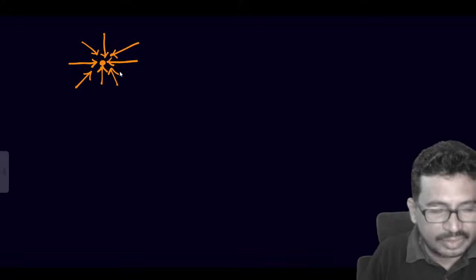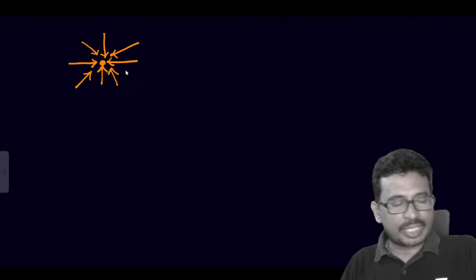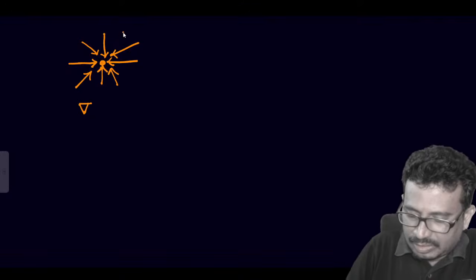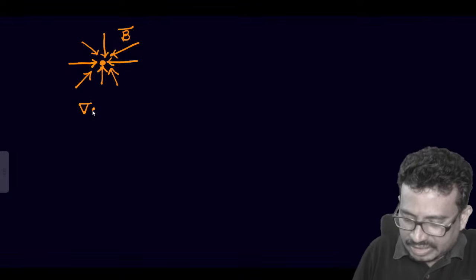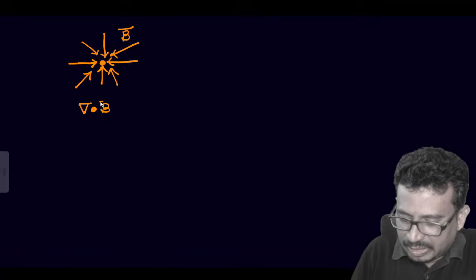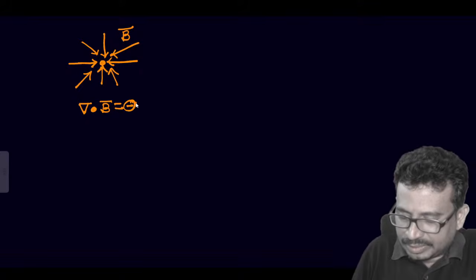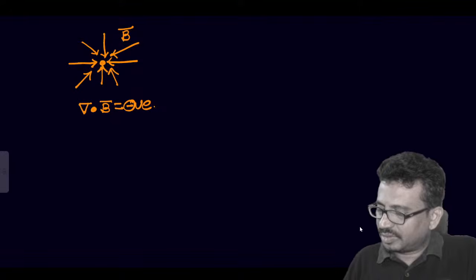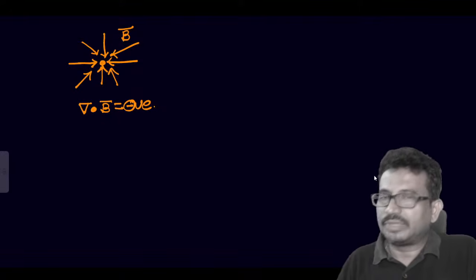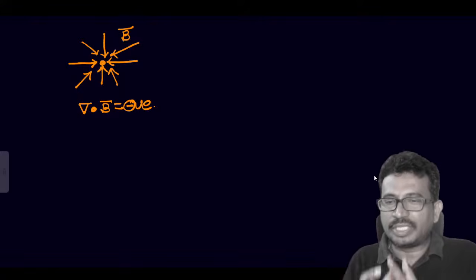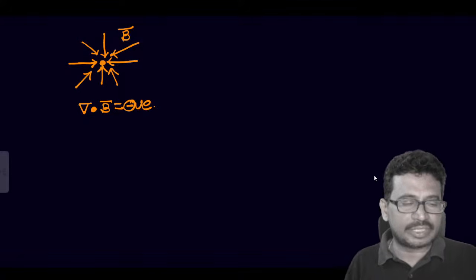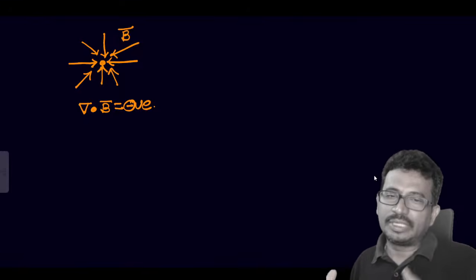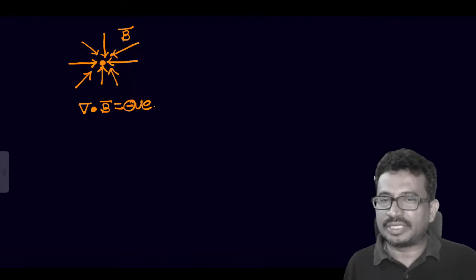So in this case, if I call this vector B bar, del dot B is negative. So divergence basically means leaving nature, spreading nature, expanding nature. If anything is leaving, we say it has a diverging field, a leaving field, a spreading field.